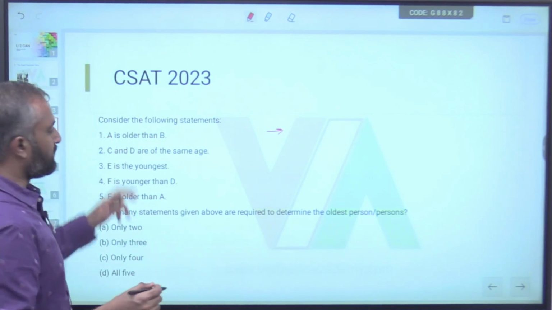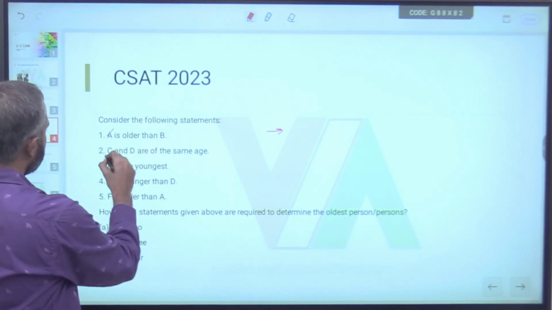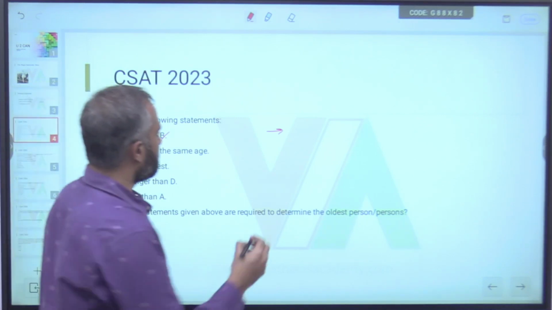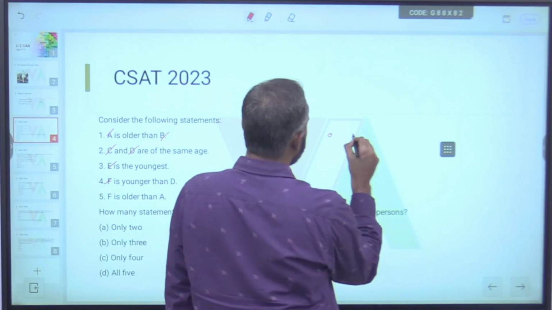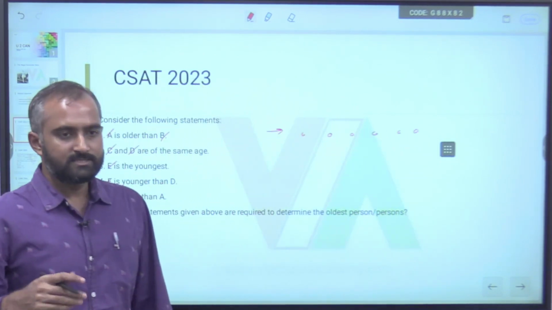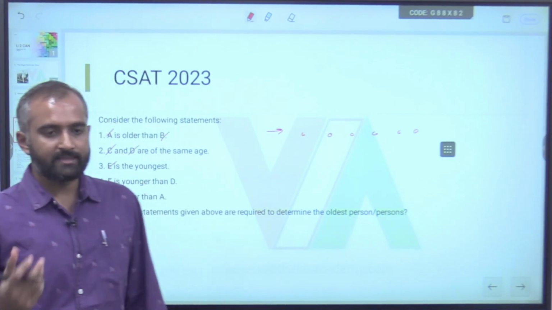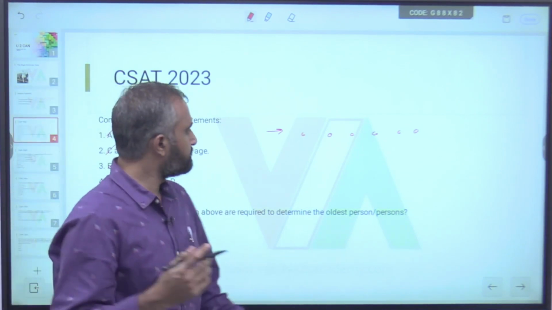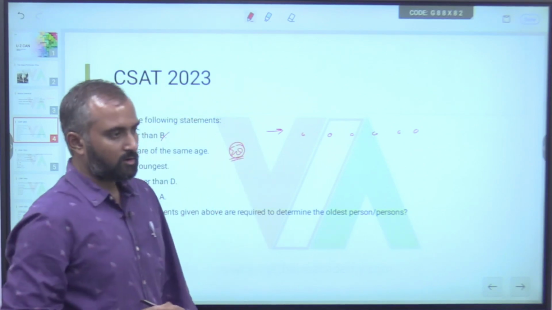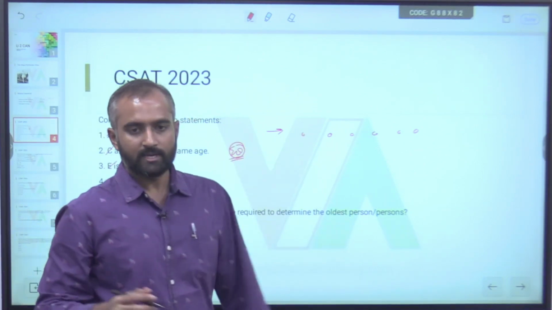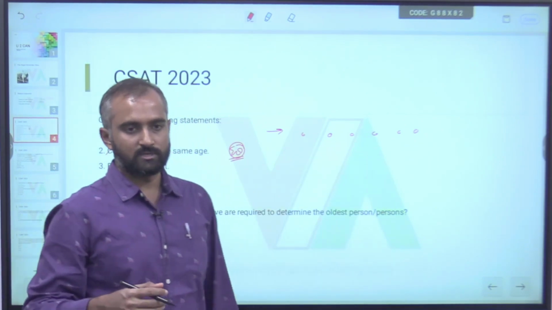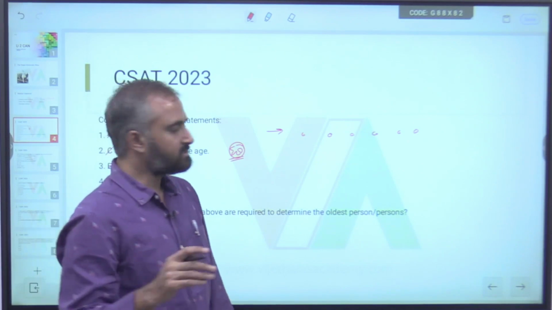See how many people are here: A, B, C, D, E and F. So 6 people are here. Take a step back and think, how many equations or statements, relative to one person to another, are required to determine everybody's position? If you are getting confused, just see here.